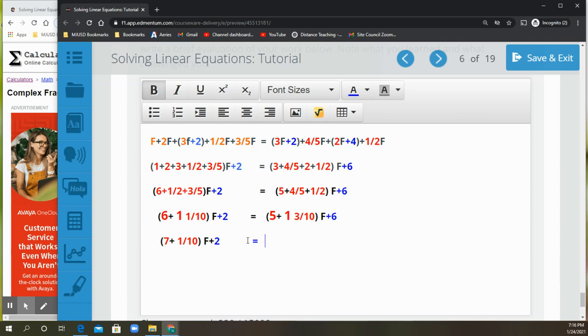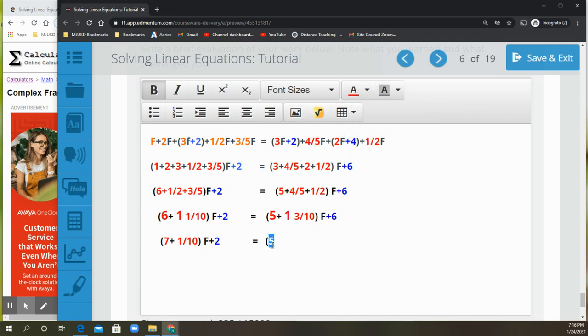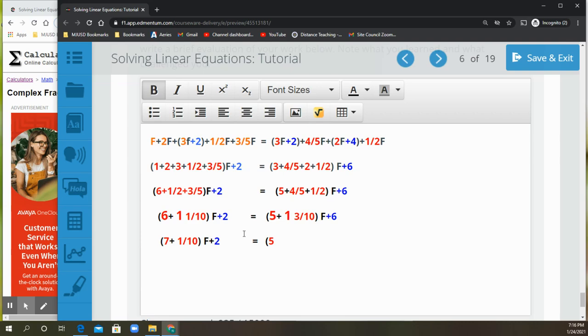And then trying to keep it color coded so you can see the terms that are, like I said, alike, and so you can see where those numbers came from. So that's all we're doing, just keep doing that.